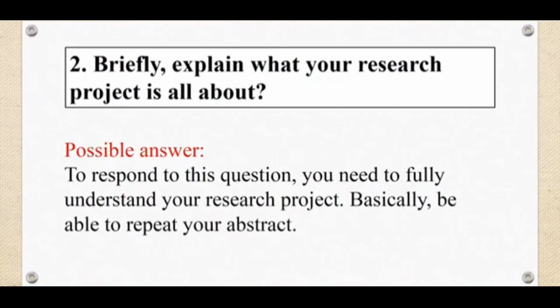You should tell them what your research problem is, what the variables are, what methodology you are going to use, what the results or findings are, and what the recommendations are. So in simple words, you should be able to tell them about your abstract. This could be the possible answer to the question of what your project is all about.